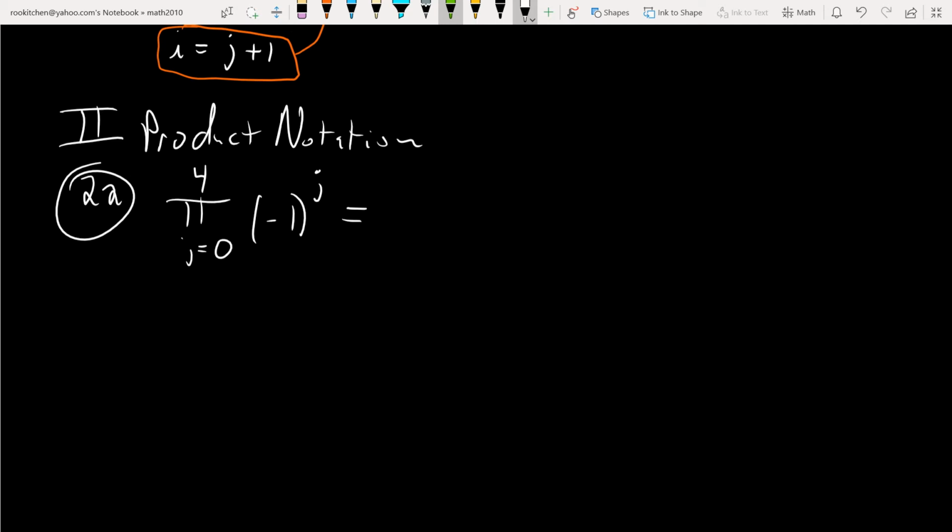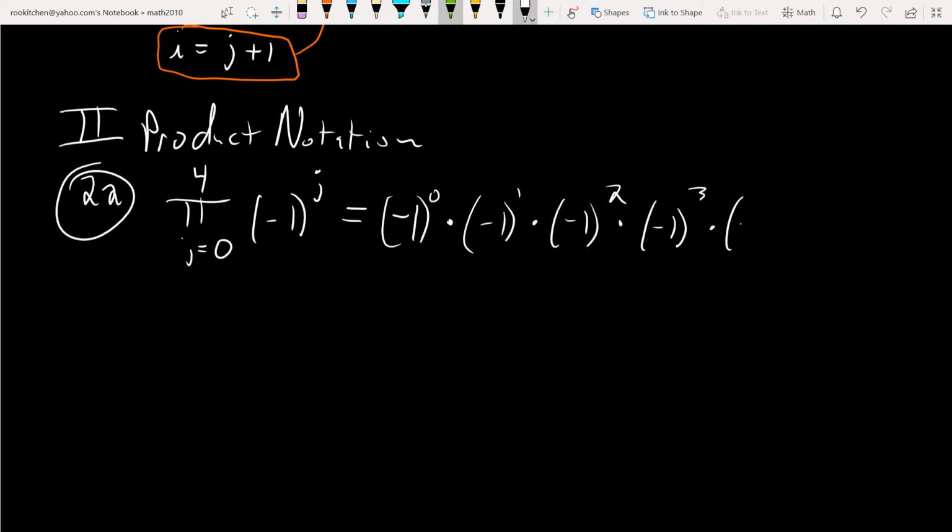Go from 0 to 4 and multiply every term. So when j is 0, you get negative 1 to the 0, and then instead of adding, you multiply. So then you have negative 1 to the 1, and then negative 1 squared, and then negative 1 cubed, and then negative 1 to the 4th, etc. Right?